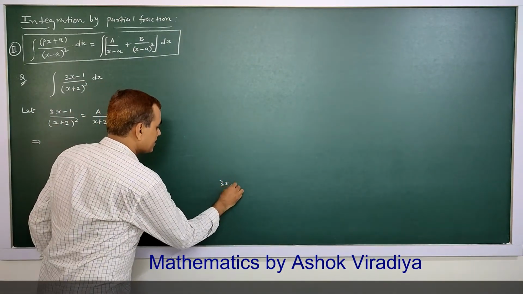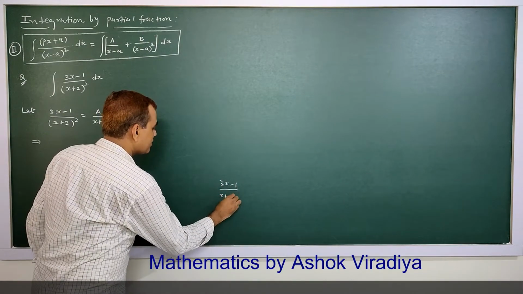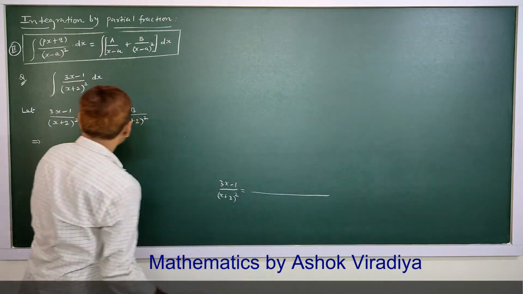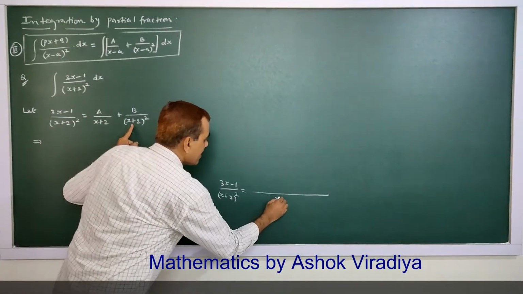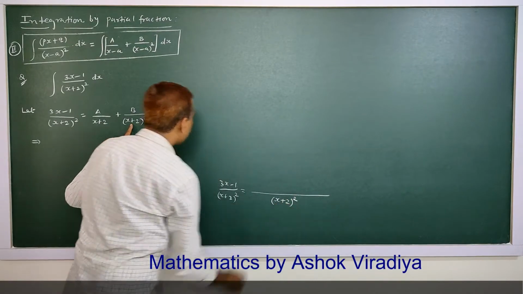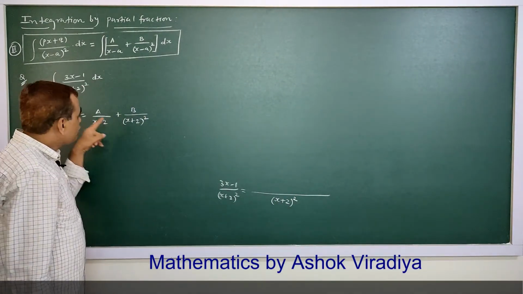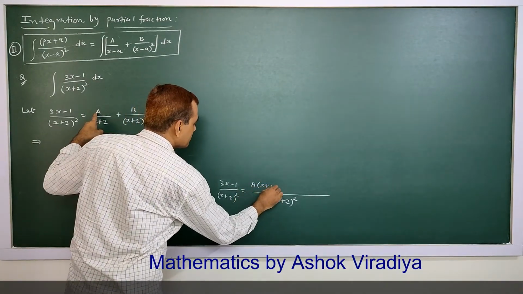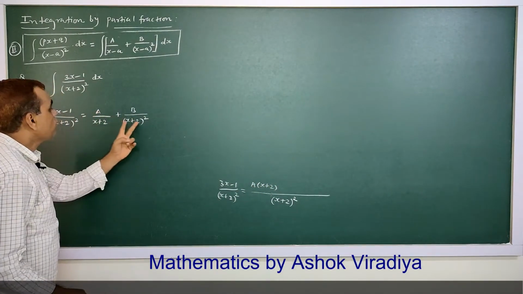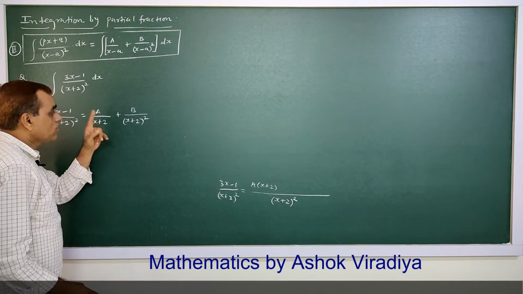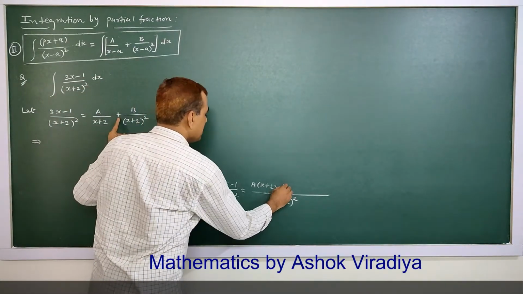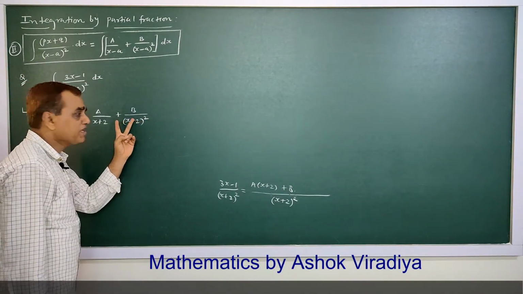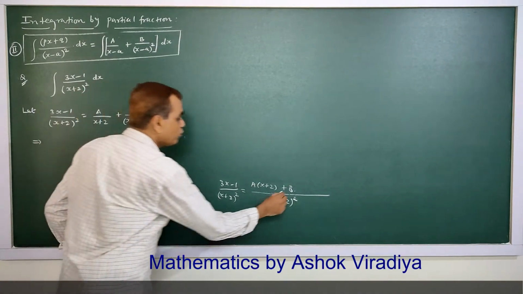This will be 3x minus 1 upon x plus 2 whole square equal to, now see the RHS, the LCM will be x plus 2 whole square. Now a will be multiplied with x plus 2, a into x plus 2, plus b into, the same expression is already in the denominator, so b into 1, that is b.